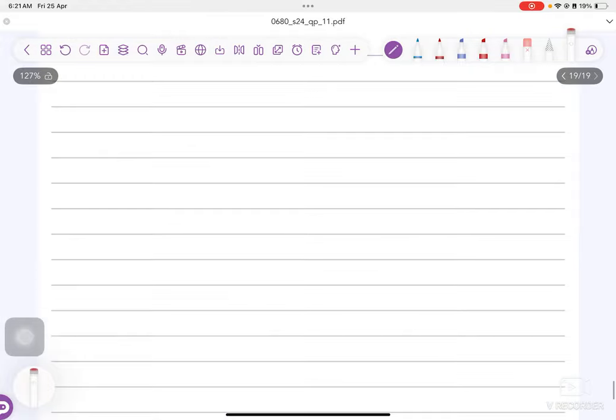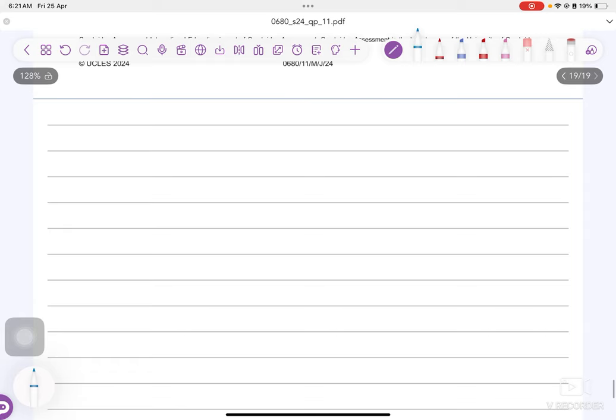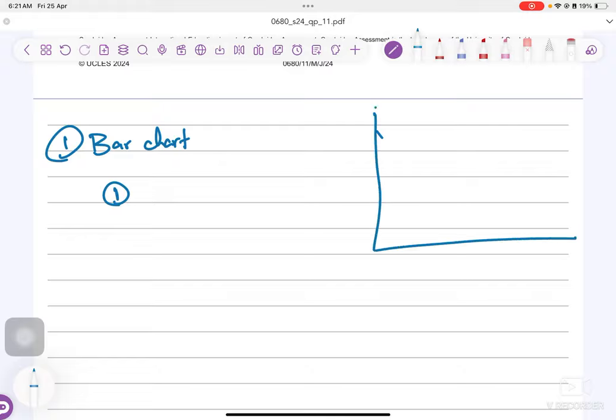Okay, let's start off with bar charts. First, it should look like this, okay? You've got your y-axis, you've got your x-axis, and here is 0, 2, 4, 6, 8, 10, okay?